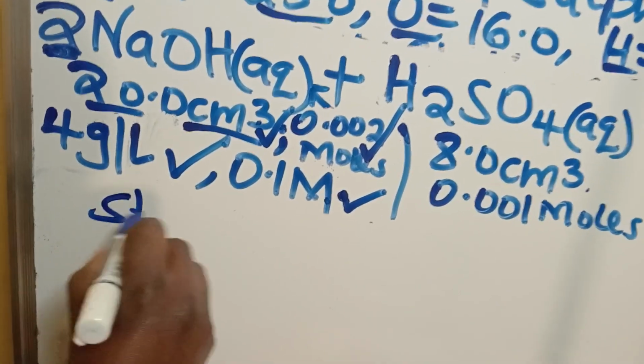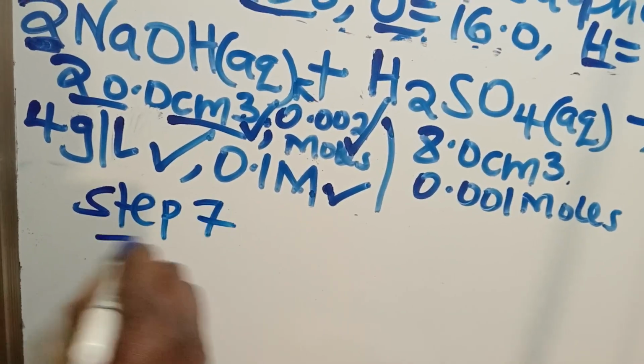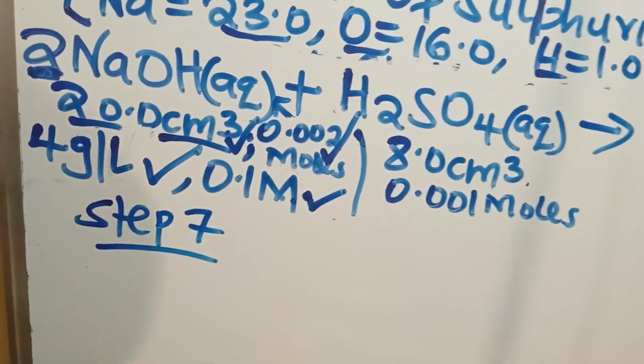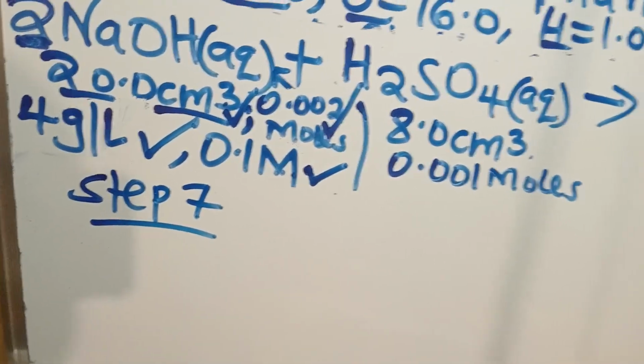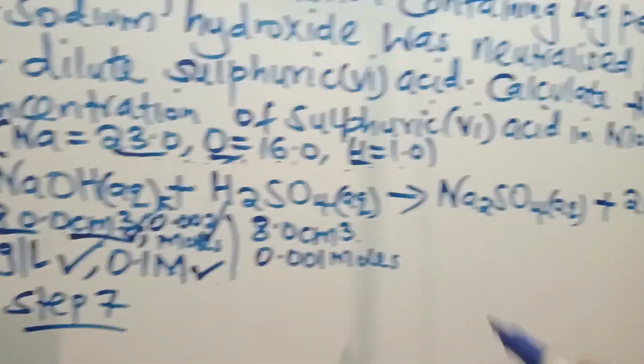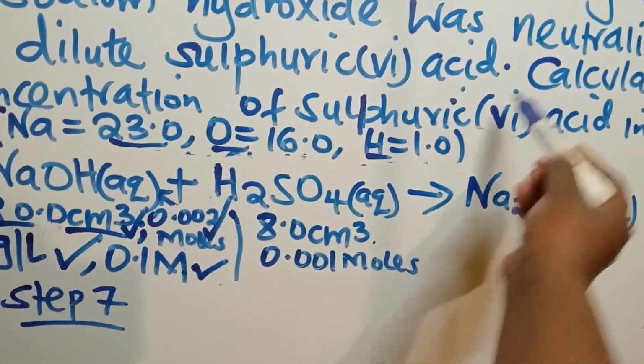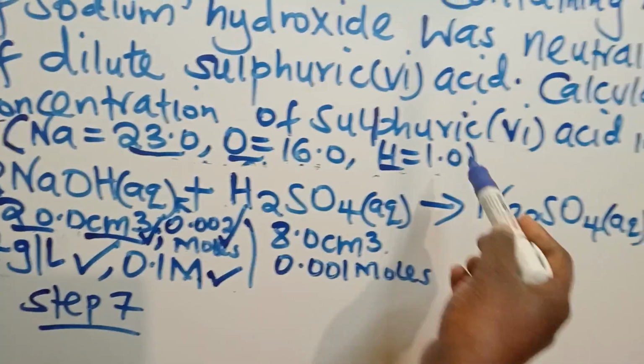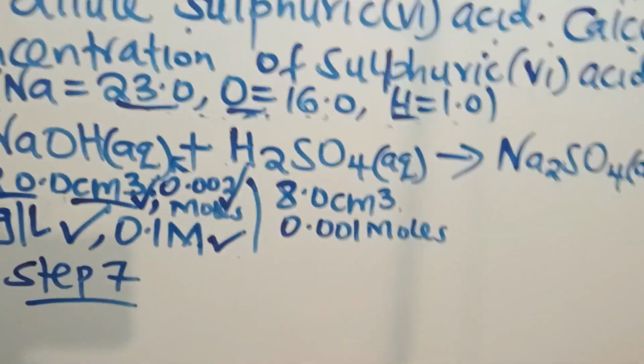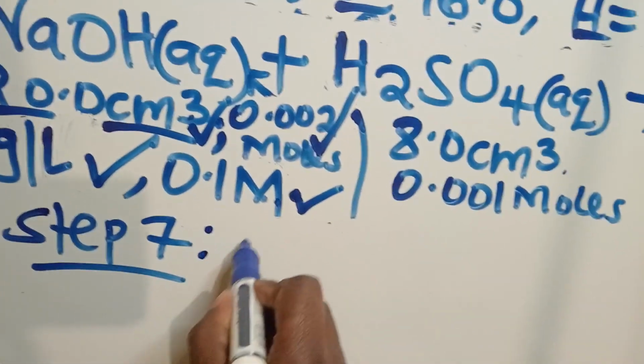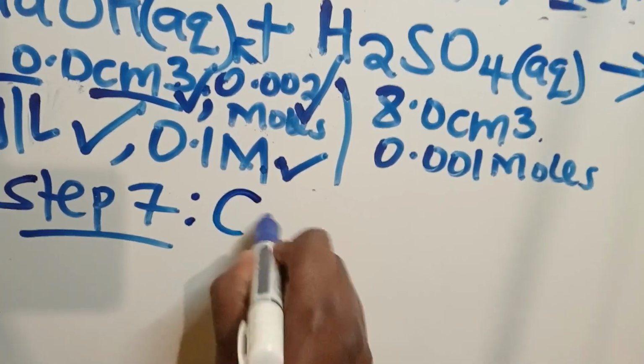In step 7, we can now calculate what we have been told to calculate in the question, the concentration of sulfuric acid. So we now go to the real question.